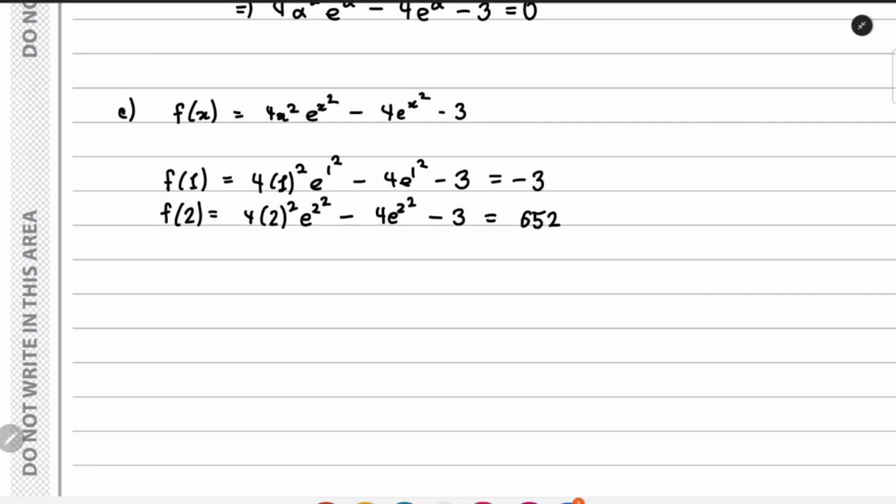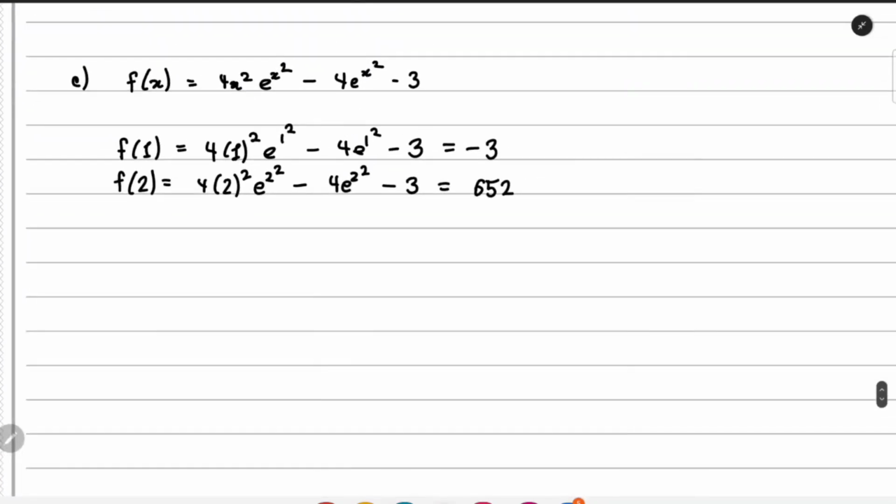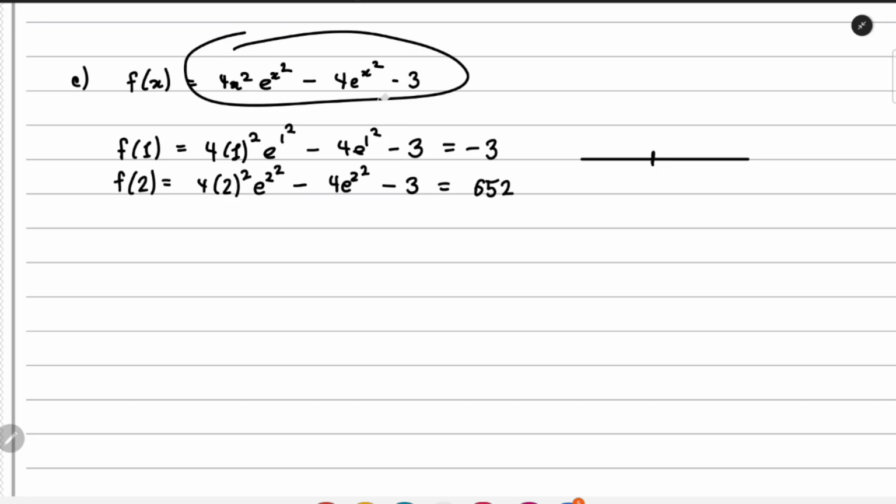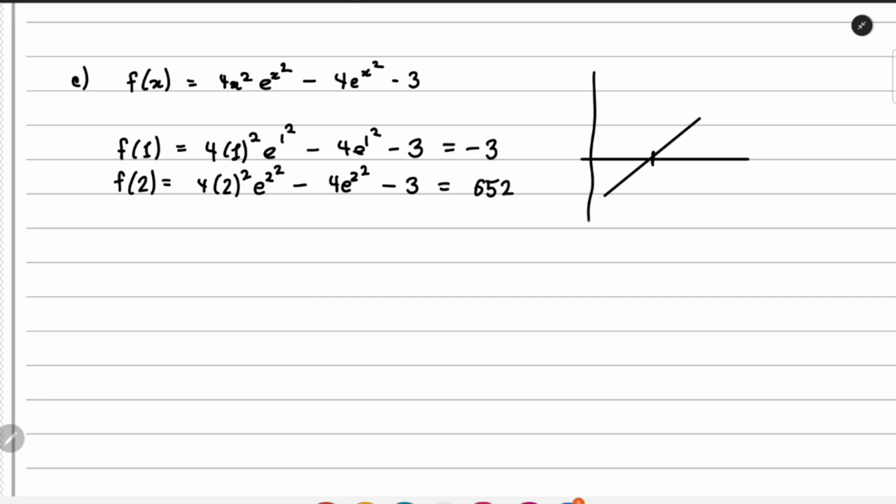This is 652. Now I use this since if the curve has a root over here, so if this equation has to be 0, on one side it must be negative. So if I consider this as the y-axis and this as the x-axis, over here this is 1, the value is negative, and this is 2, the value is positive.